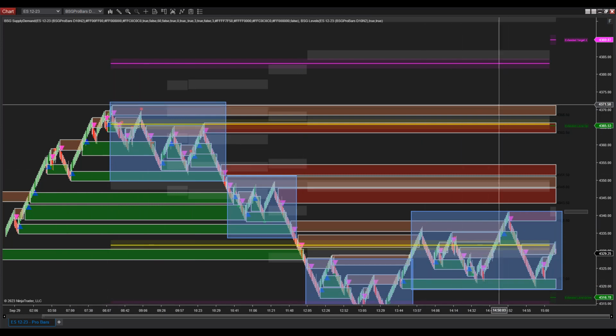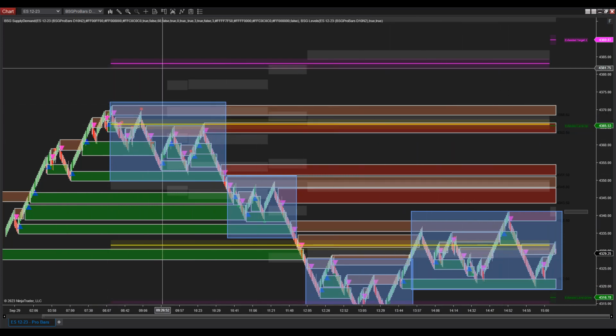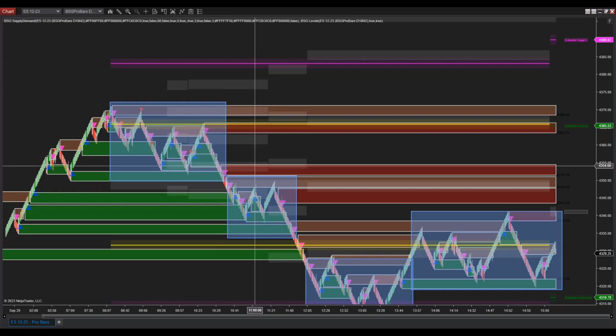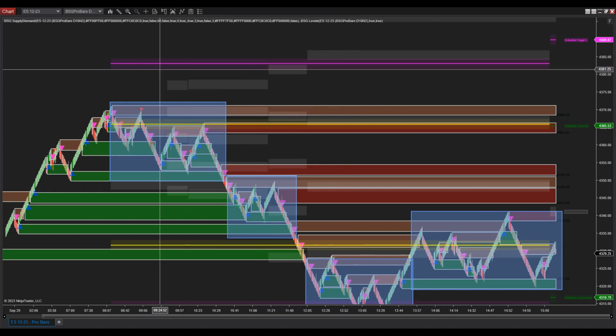Again, my chart setups: I use a pro bars chart. I take away the time and look at purely price action to see the consolidation and breakout. I have the BSG levels to see the prediction of where the market's future supply and demand look like.